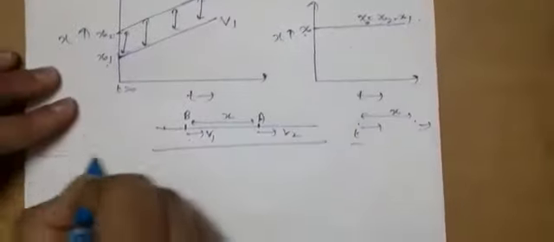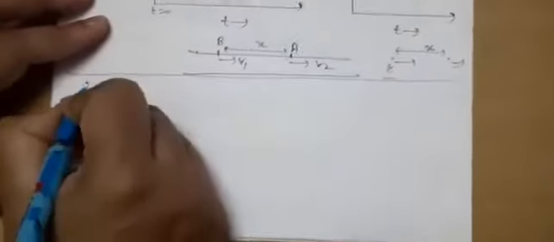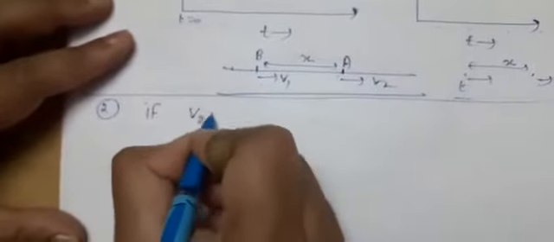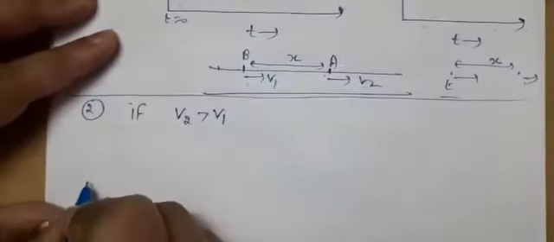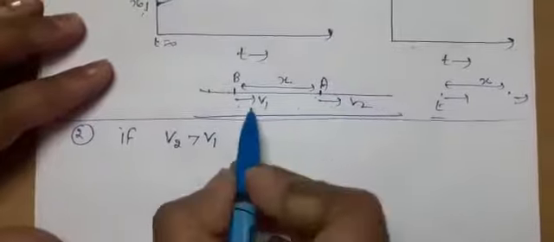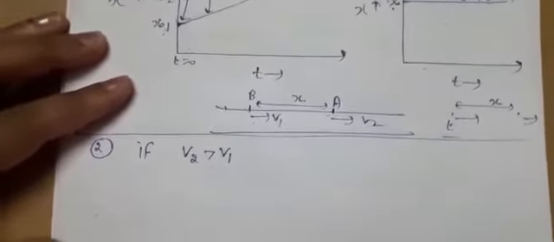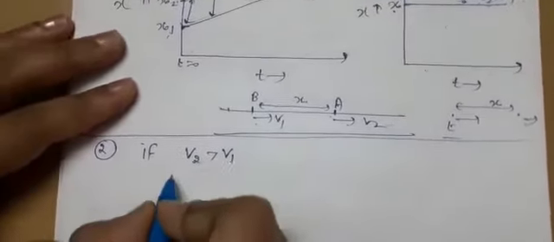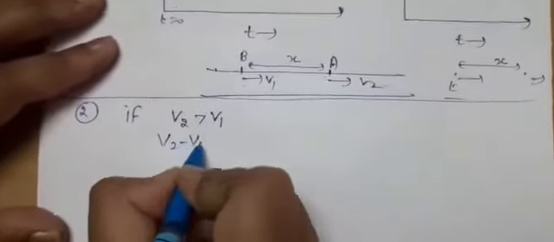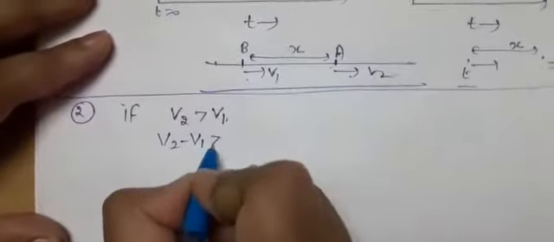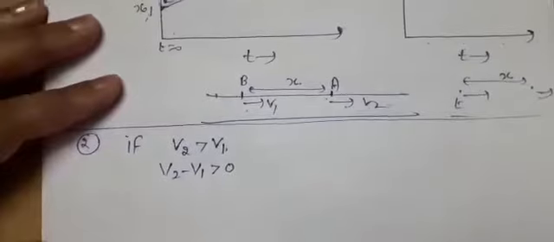Now, coming to the second situation. If we take v2 greater than v1, that means the second body is moving faster. In that case, you can take v2 minus v1. If v1 comes to this side, this factor will be greater than 0.